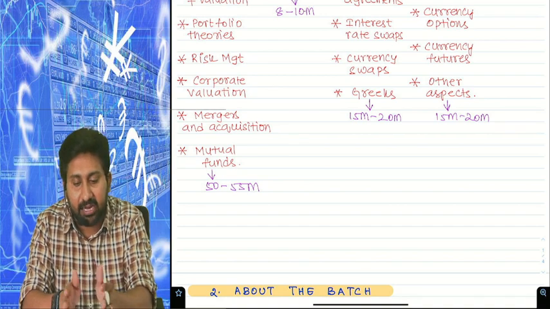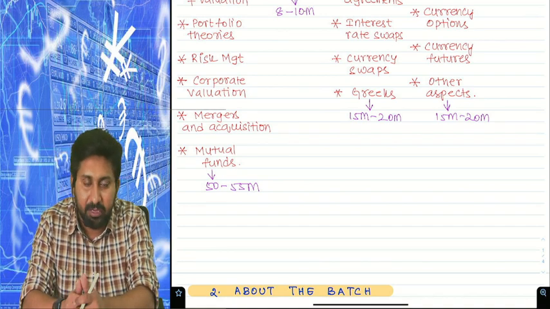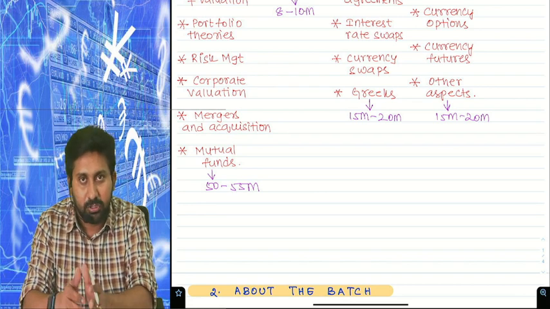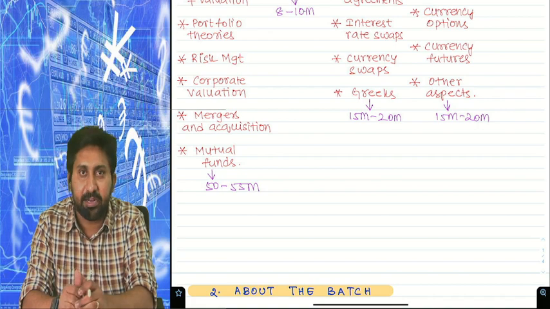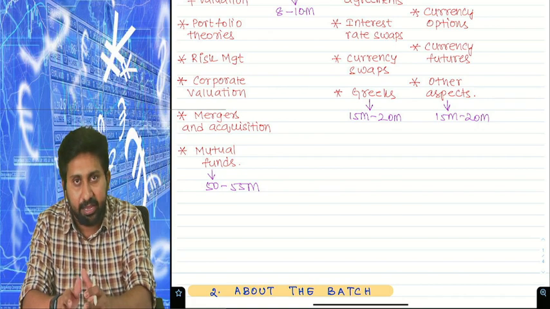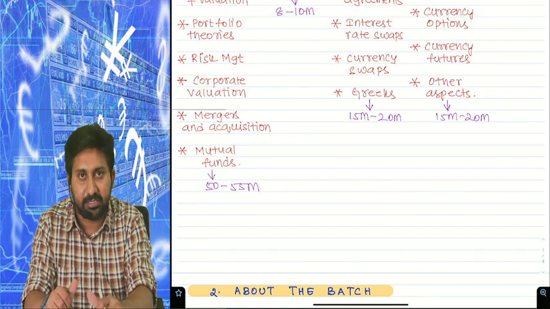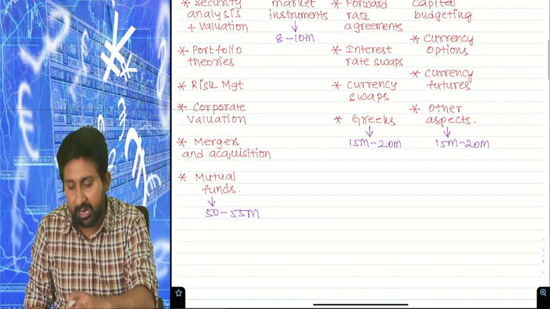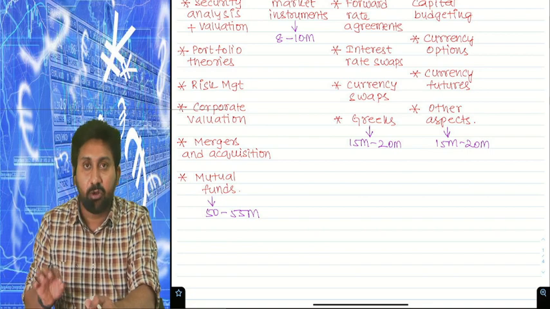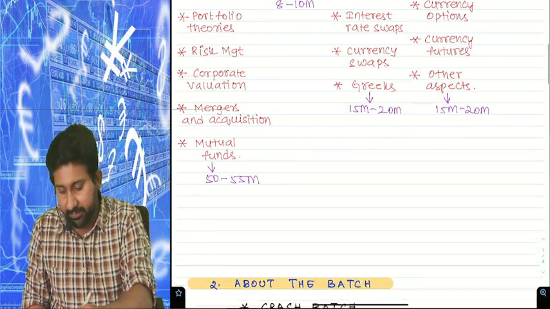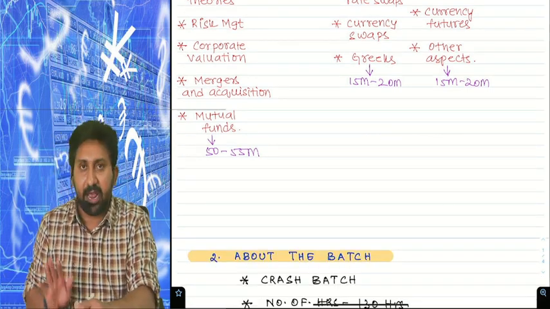The characteristic line equation is modified to form Sharpe's single index model. And after the Sharpe single index model, arbitrage pricing theory, lastly miscellaneous concepts of portfolio theories. All these things we will be covering in portfolio theories, a chapter which will account for 10 to 15 marks in every attempt.